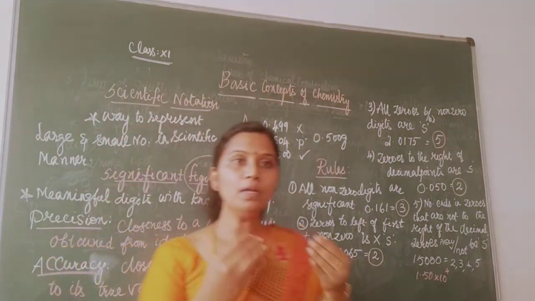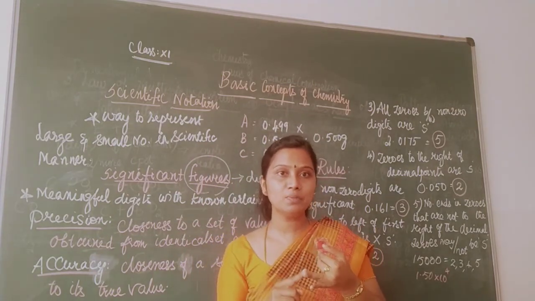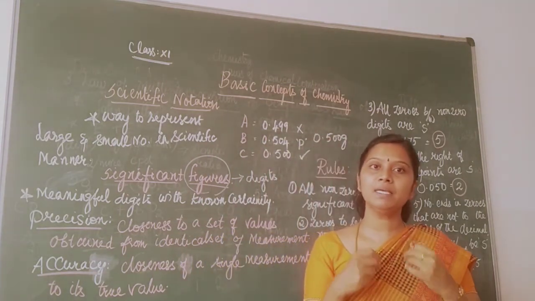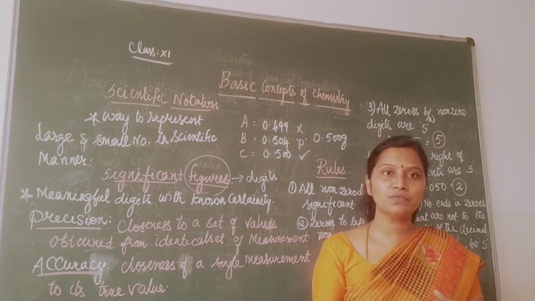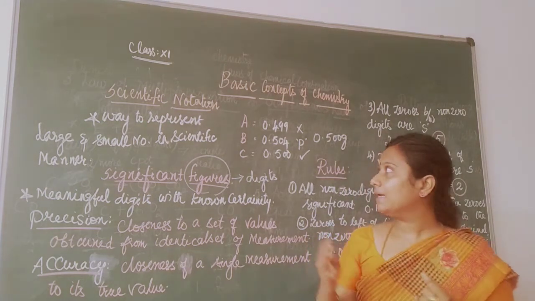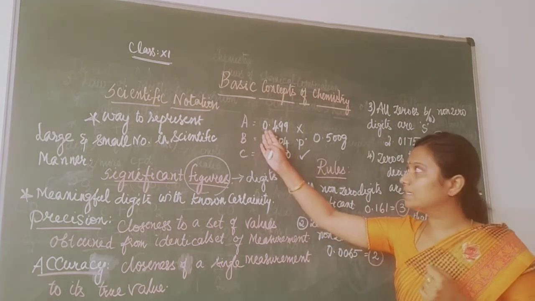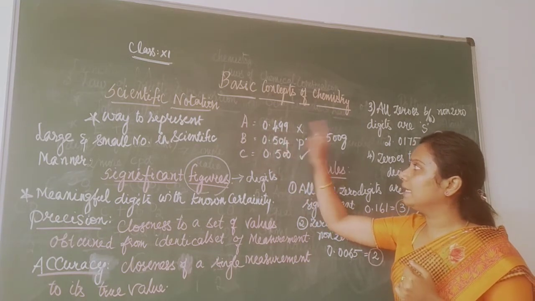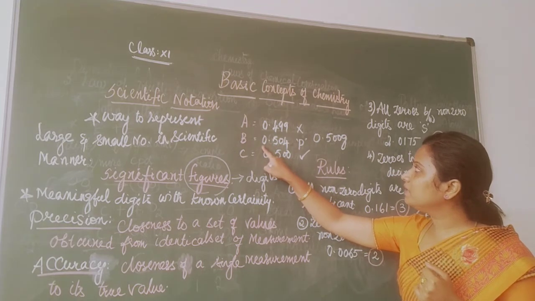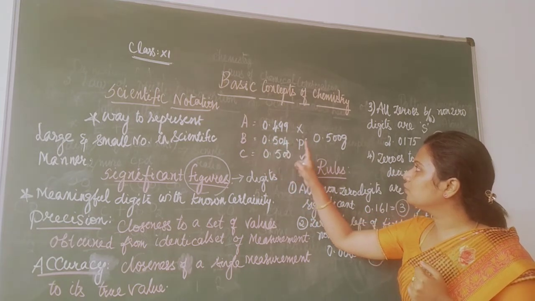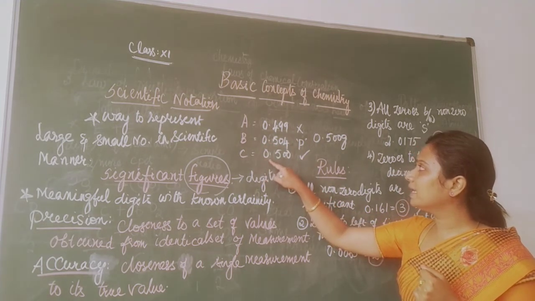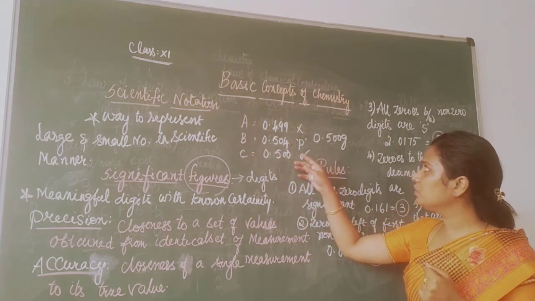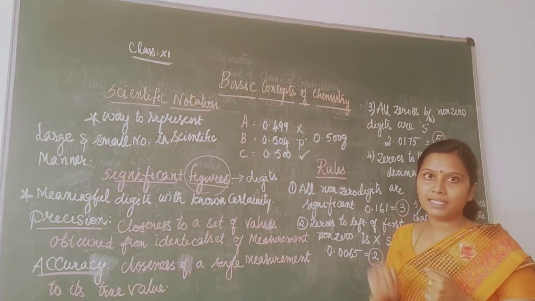And I have called three students, student A, student B, student C. I have given the same experiment under the same conditions of temperature and pressure. Student A has got an answer of 0.499. Student B has arrived at an answer of 0.504 and student C has got an answer of 0.500, which is exactly the same as my experiment.